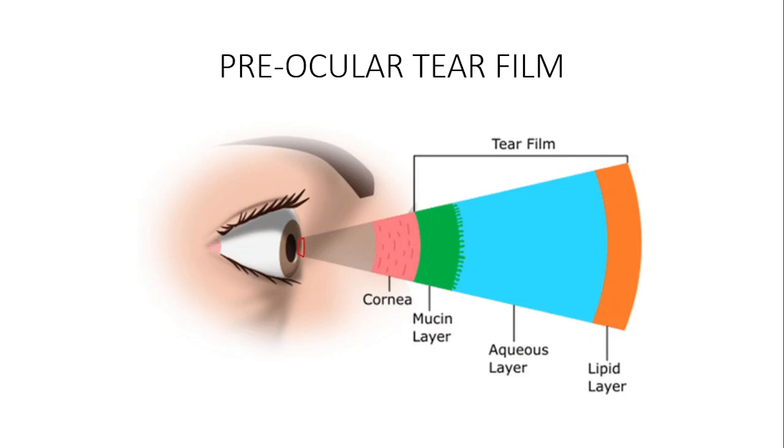So let's talk about the middle aqueous layer. What is the function of the middle aqueous layer? Ladies and gentlemen, remember that the conjunctiva and the cornea are transparent structures. And the cornea per se does not have blood vessels. It's an avascular structure.